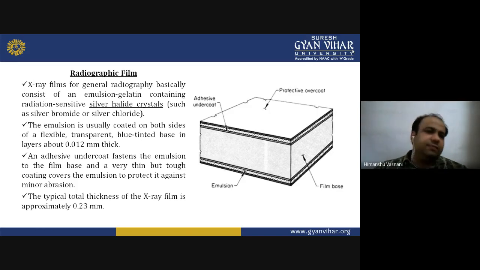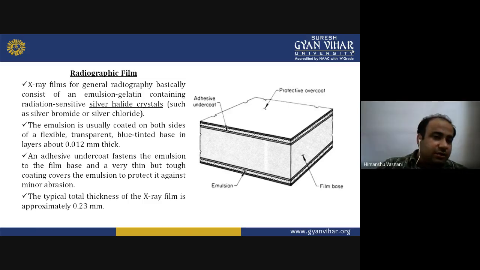Now X-ray films, general radiography films, basically consist of an emulsion gelatin containing radiation-sensitive silver halide crystals such as silver bromide or silver chloride. Okay.